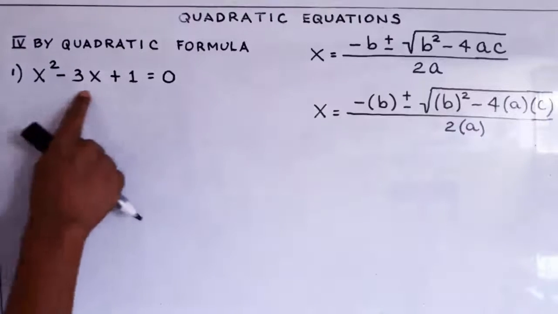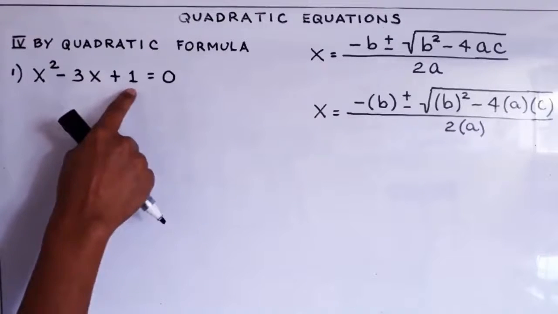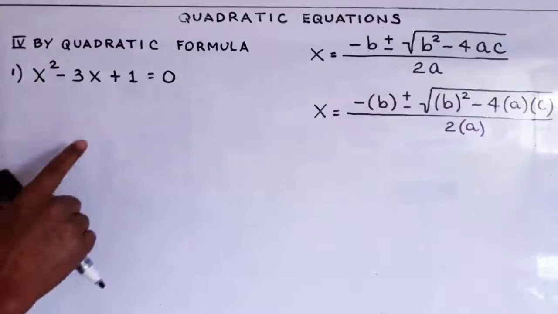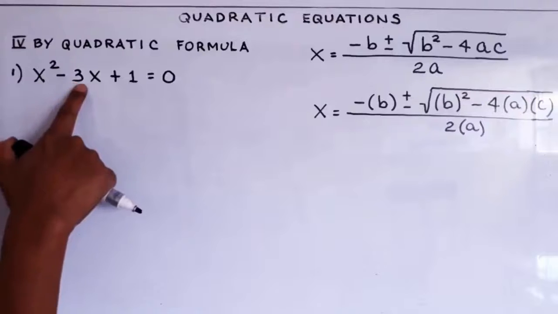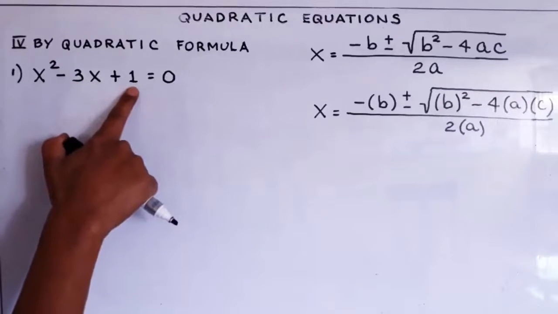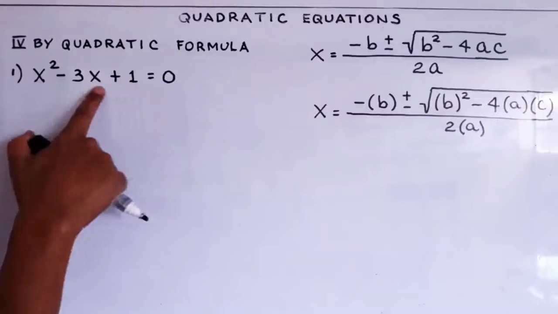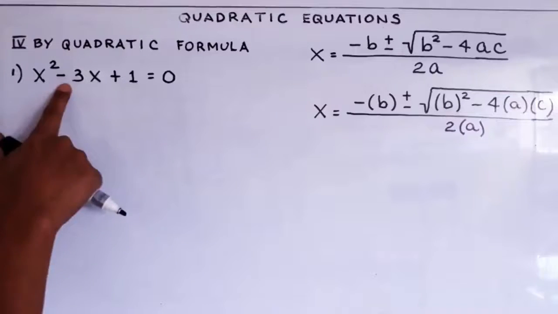Now, when we look at this problem, we have a problem if we are going to apply the factoring method. Why? Because how can we have the 3 here if this is 1? The only factor of 1 is 1 times 1. If we add 1 plus 1, it will not give us 3. 1 minus 1 is 0.